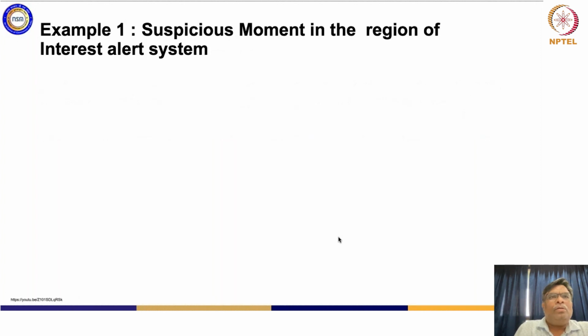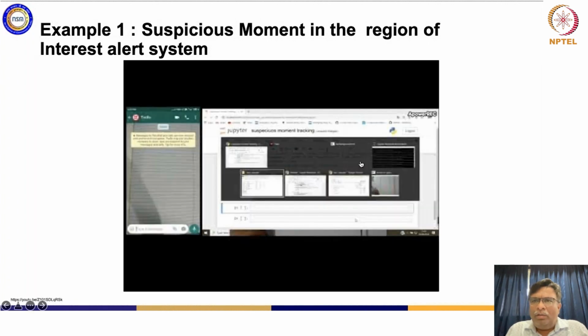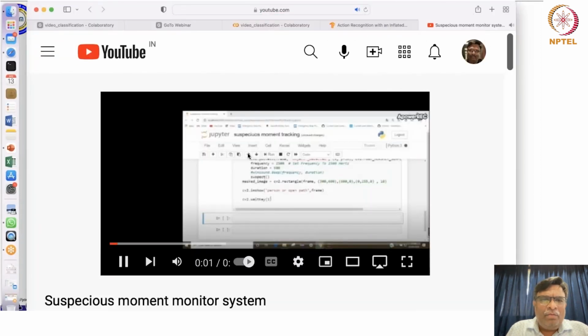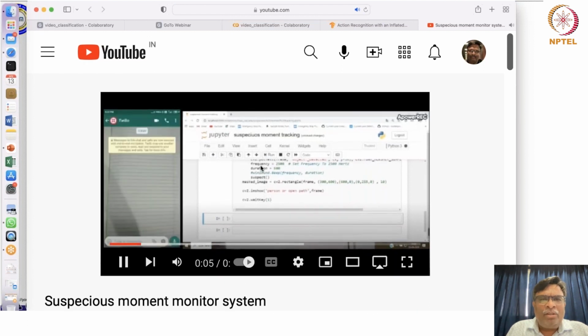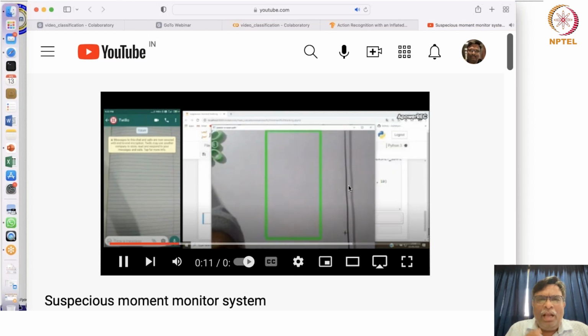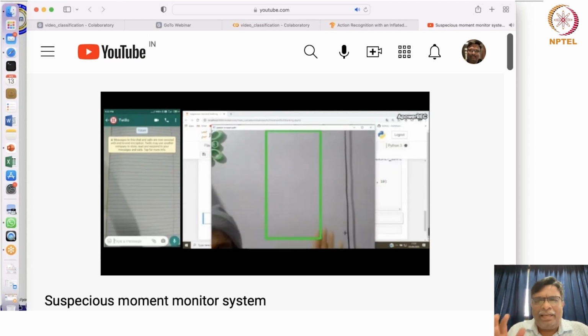Okay, so this suspicious movement in the region of interest alert system is one example. This was actually a suspicious video monitoring system, which we of course had not developed, but we'll share the link with you, and you can try to see how some activity is getting detected.